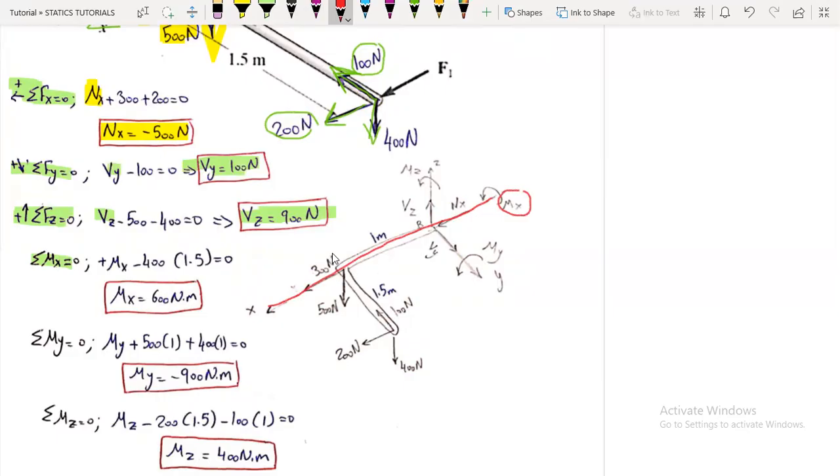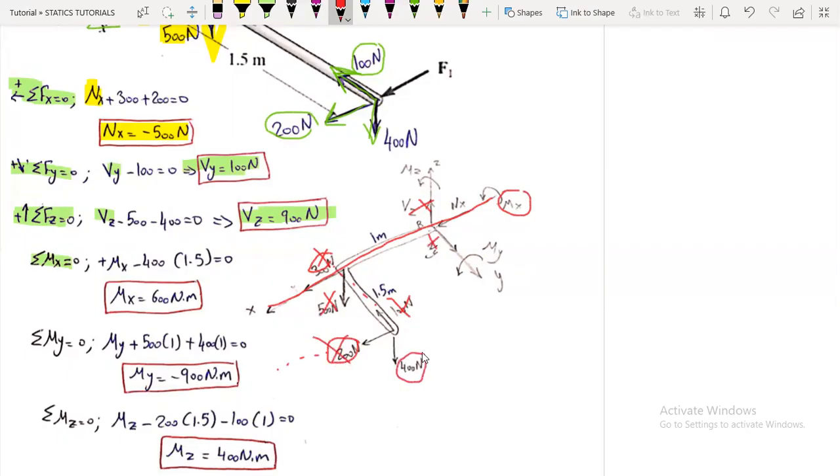So here the 300 newtons is passing through it, it will not be included. And also the reactions will not be included. The 100 newtons is passing through the x-axis. Also the 200 newtons is parallel to the x-axis. So we just have the 400 newtons.